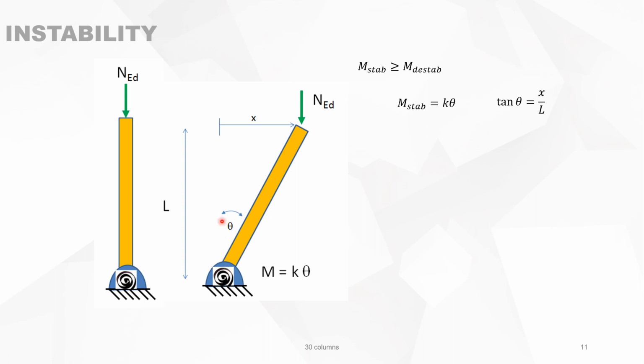For small displacements, we are talking about very small displacements here, the tangent of theta is x over L, and that means that theta is equal to x over L, expressed in radians. So the destabilizing bending moment is the acting force N_Ed times the distance x.